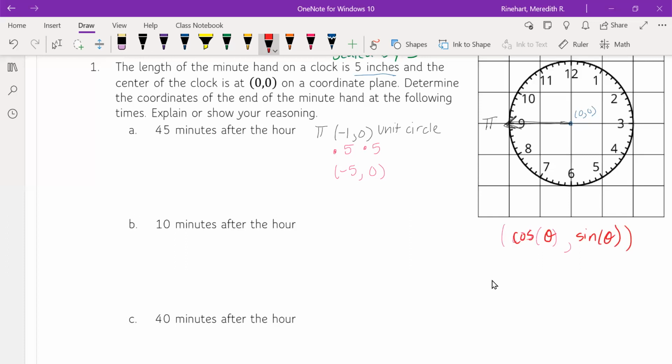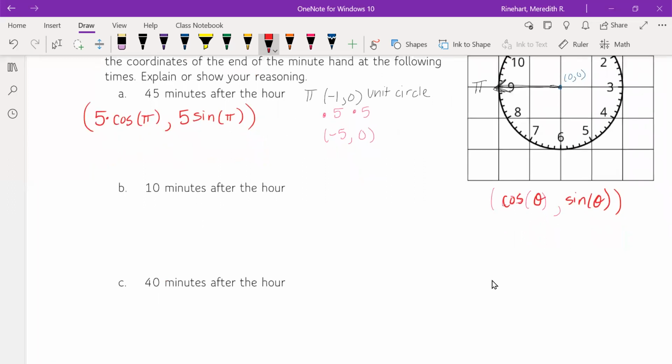So another possible solution would be 5 times our scale, 5 times cosine of our angle pi, comma, 5 times sine of our angle pi. If you simplify cosine of pi, you would get -1. And if you simplify sine of pi, you would get 0. So these are the same answer, but you could answer either version on this part.